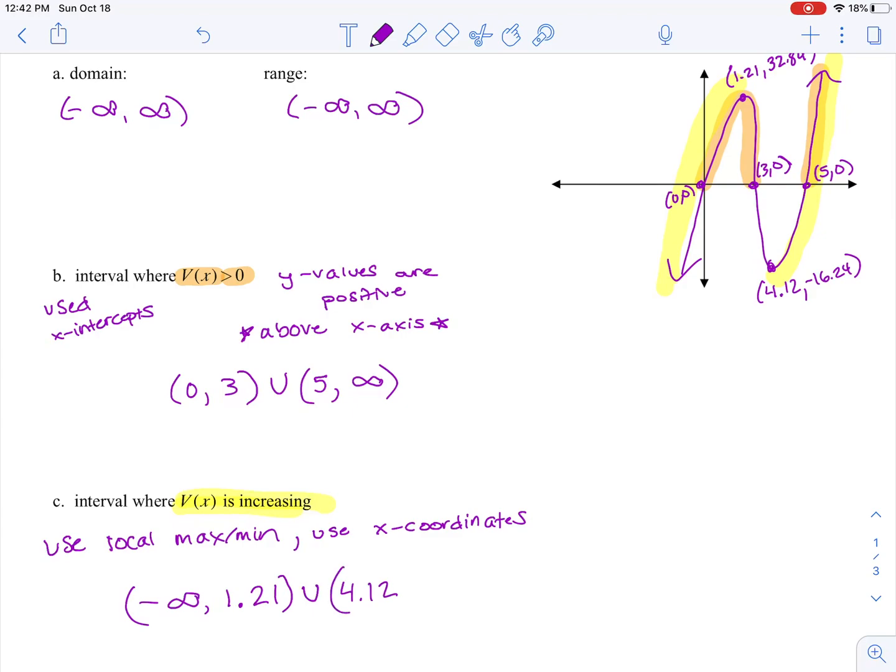Same idea is happening here, right? We have this point, this is the turning point between decreasing and increasing. So it's not increasing or decreasing, so I don't want to include it. And then it's going to keep increasing forever, all the way until positive infinity. So there is our interval.